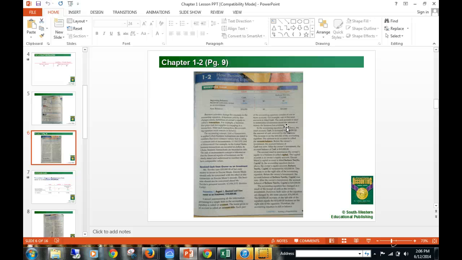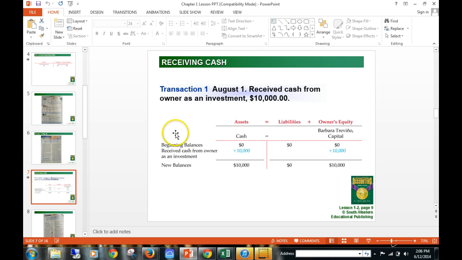And again, owner's equity is what the company is worth. So we have assets of $10,000 and we have owner's equity of quote unquote what the business is worth, $10,000 as well. And you're going to notice that here in the transaction. So we have $10,000 in cash and we also have $10,000 in owner's equity.